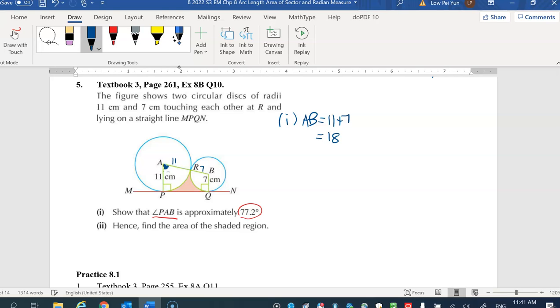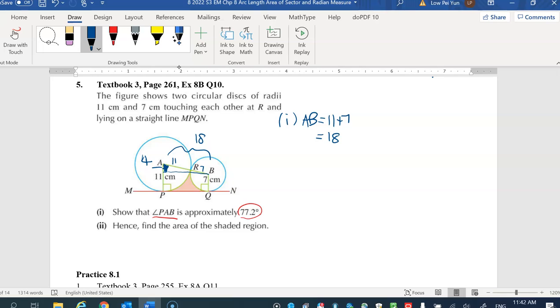I'm going to take a look at this right angle triangle. I know that this is 18, this is 90 degrees. If this is 90 degrees, it's basically 11 minus 7, this is 4. So I am going to use this length of 4 in this right angle triangle.